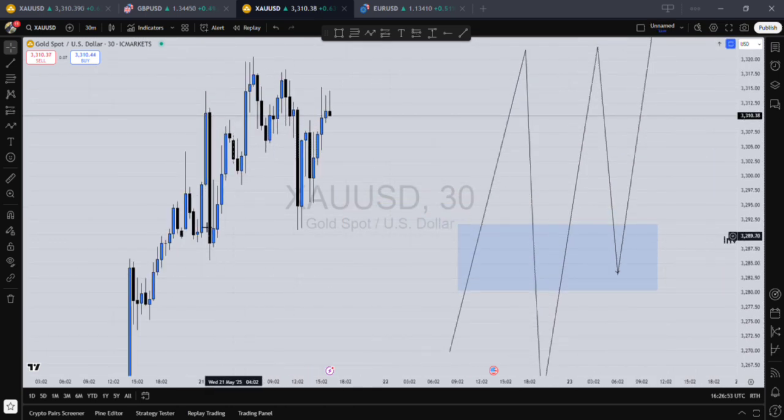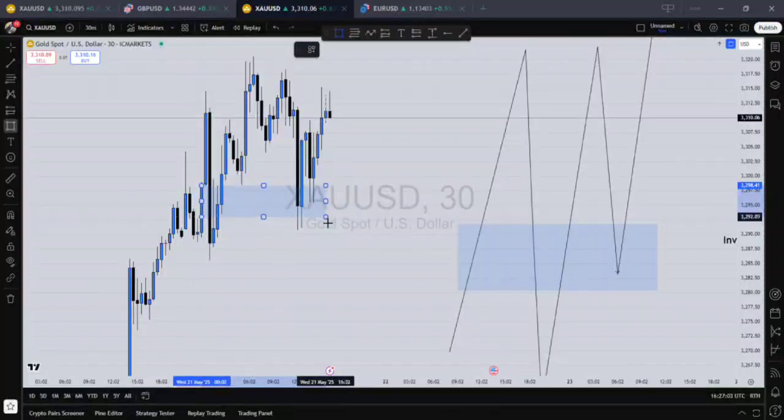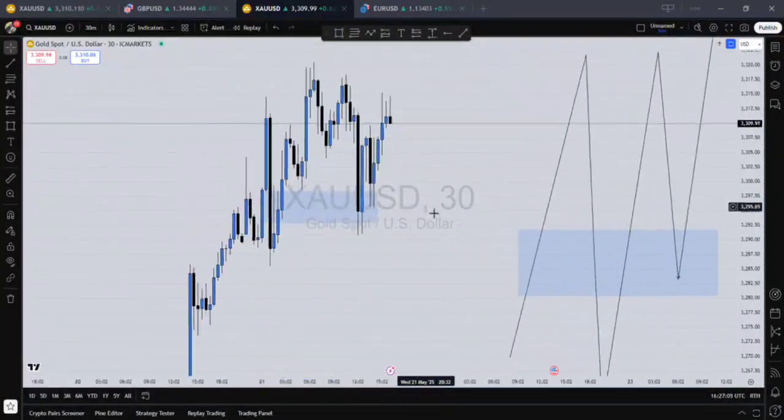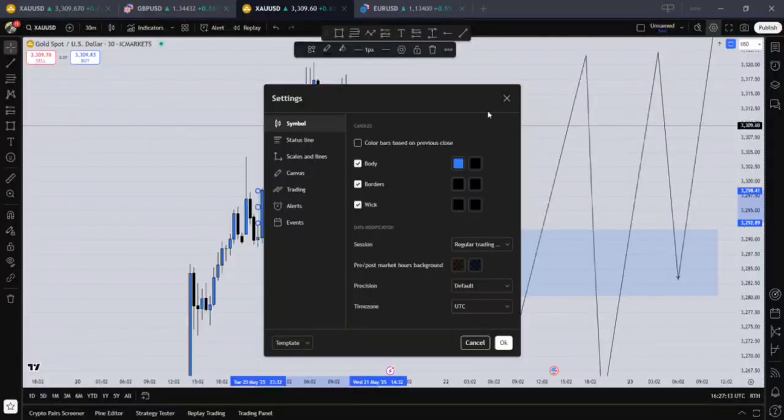All right, for example, if you look at what's happening in this current market, you will see a fair value gap here that price failed to react to. You can see that later on price came and then reacted from the zone. Look at it, an inversion fair value gap.